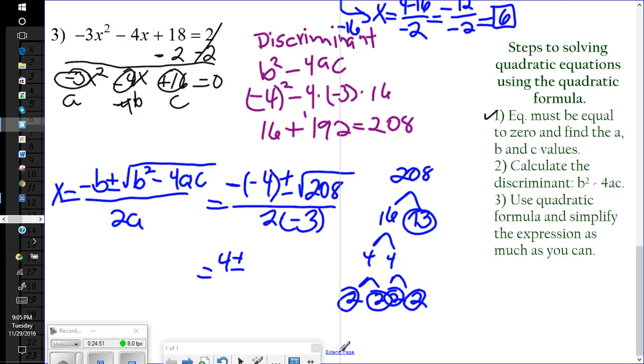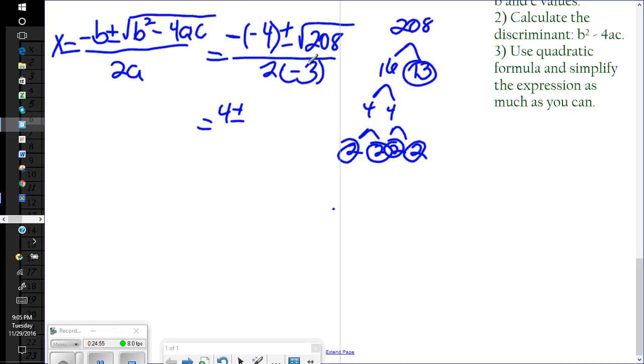They gave me the square root of 208. Instead of 208, I can write all the prime factors of 208: 2 times 2 times 2 times 2 times 13.